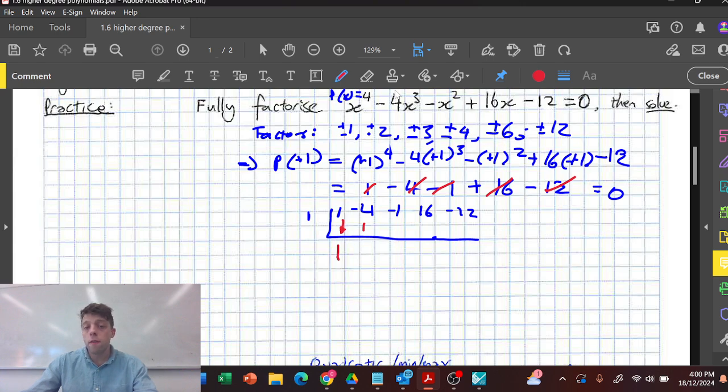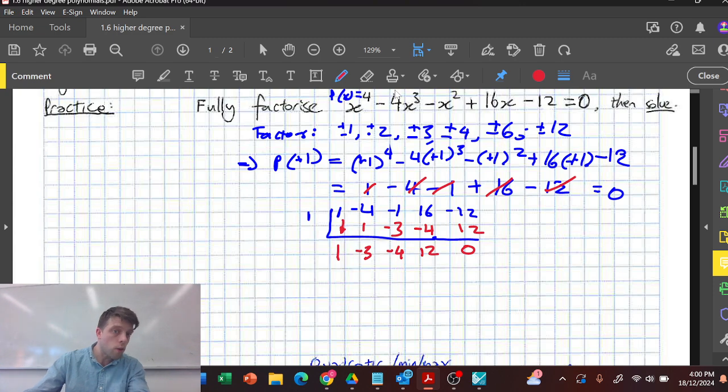We go -4 plus 1, which is equal to -3. 1 times -3 is -3. -1 plus -3 is equal to -4. 1 times -4 is equal to -4. Then we have 16 plus -4, which is equal to 12. And then we have 1 times 12, which is equal to 12. And -12 plus 12 is equal to 0. And we always should get 0 here at the end if we did this correctly, if this is in fact a factor.